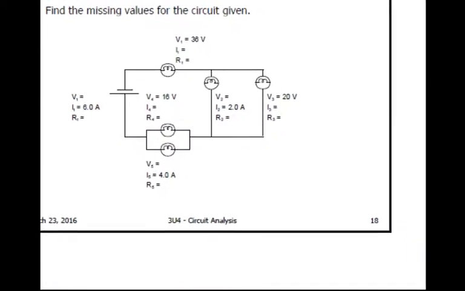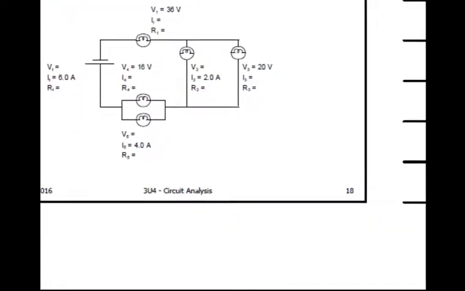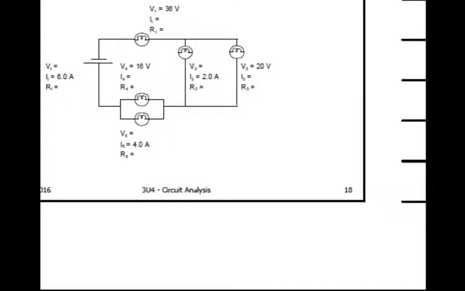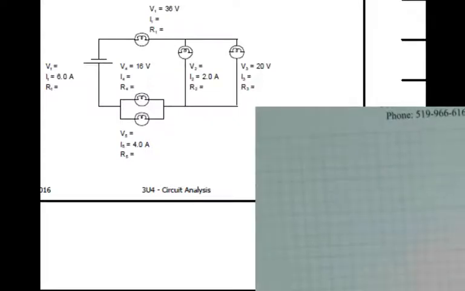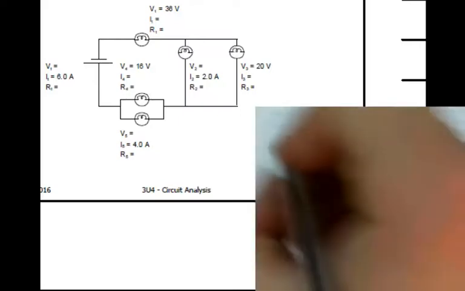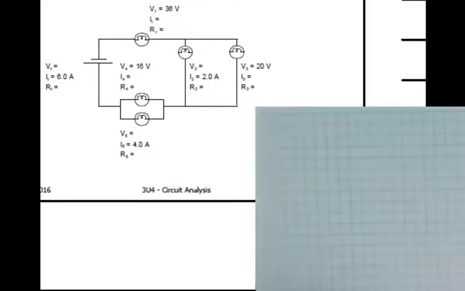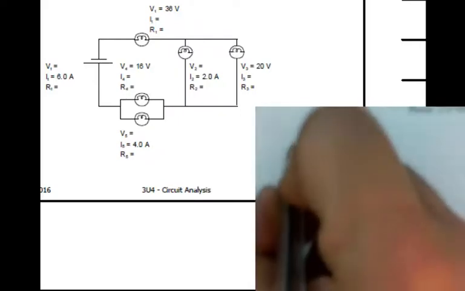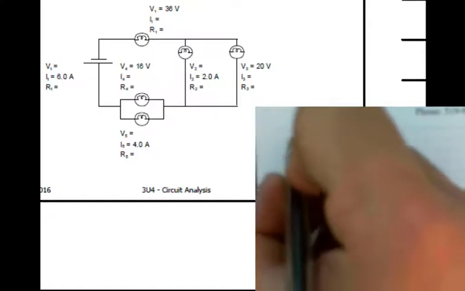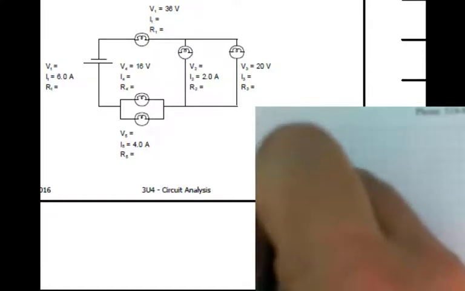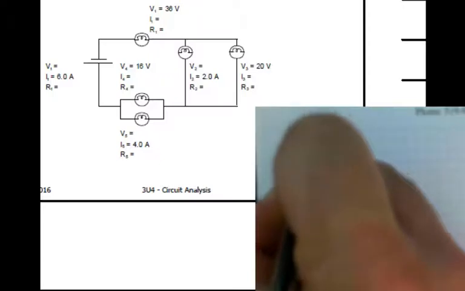So for this one, let's see what we have to solve for to start. I see that there is a, I don't know why it's labeled as a 1, but I'm going to call it VT. VT and RT are unknown in this case.